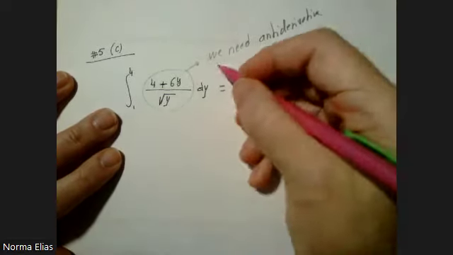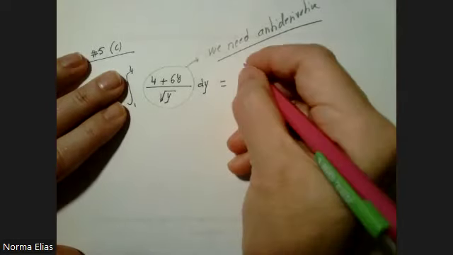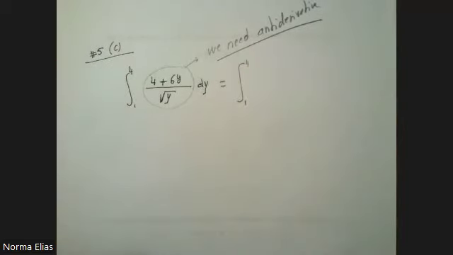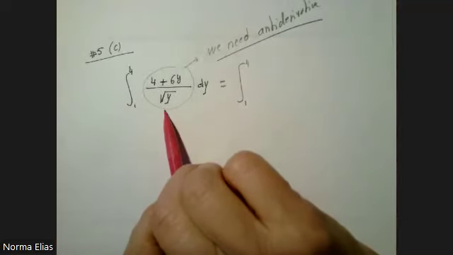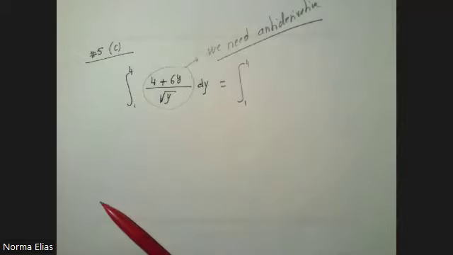That's what we need. Okay, so if you want an antiderivative of this, let us remember how you would do it. Help me out quickly. How would you find the antiderivative of this function? I'm listening.